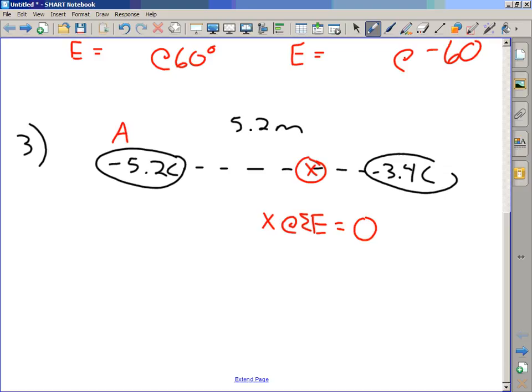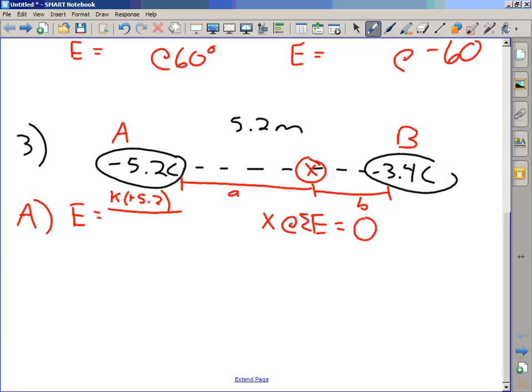Let's call him A, him B. So the electric field for A is going to be, let's call that little a, little b, if you will. The electric field for A is going to be K negative 5.2, and I can drop that negative, right?